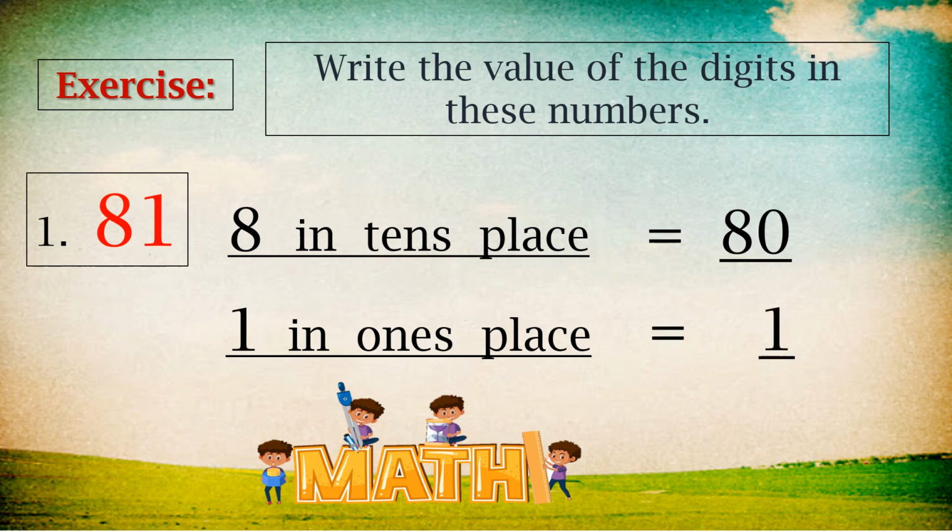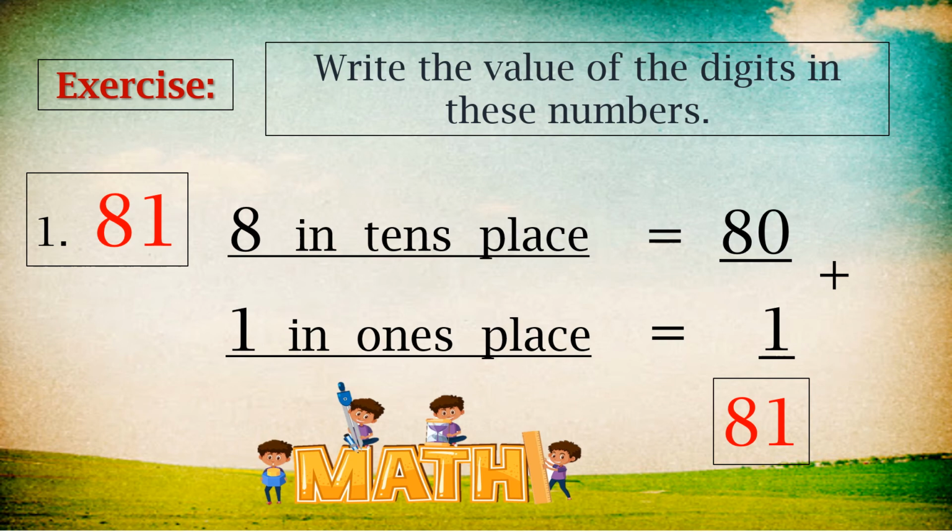And plus 1. It should be aligned in the ones place because 1 is ones. 80 plus 1 is 81.